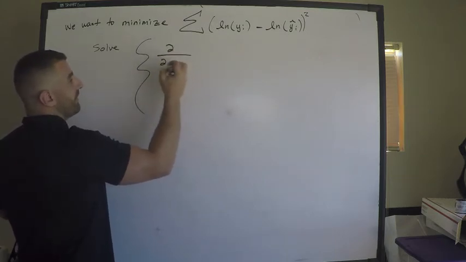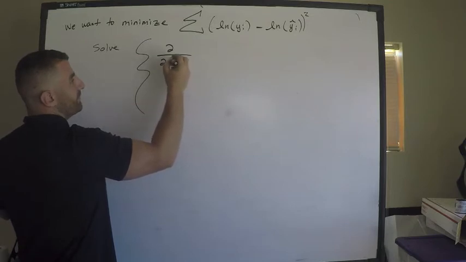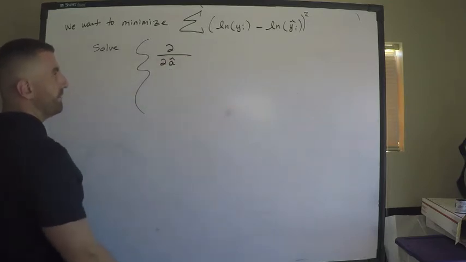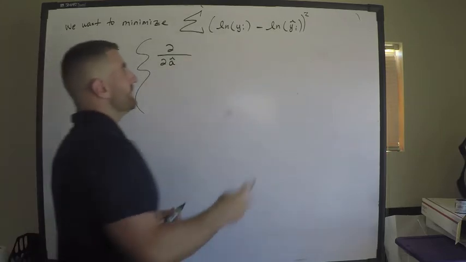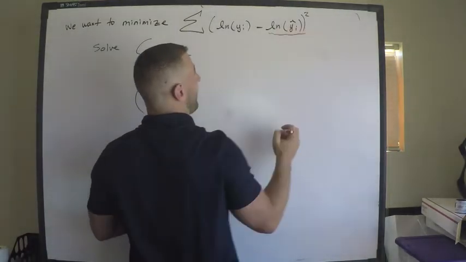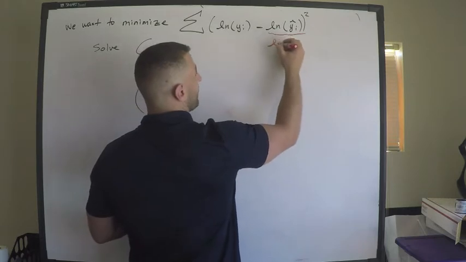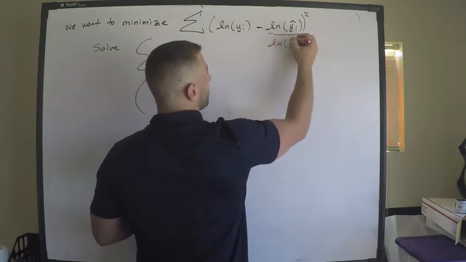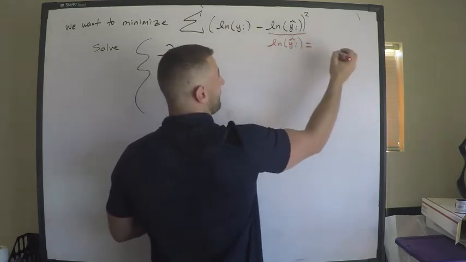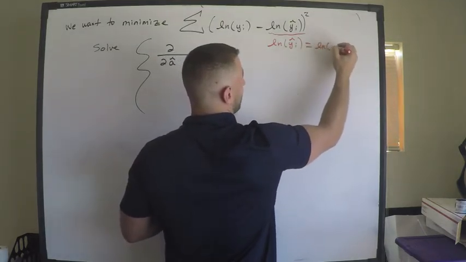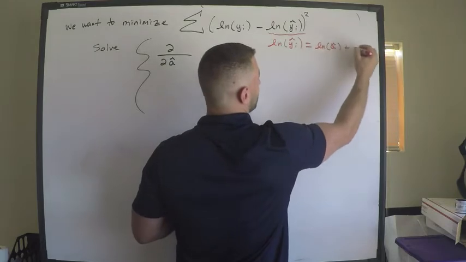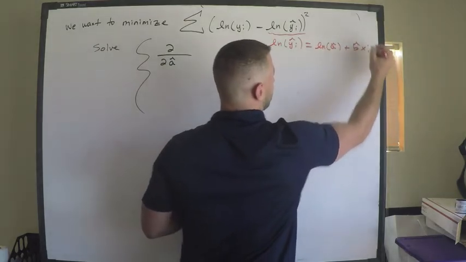I need to find solutions to the following equations. I need to take the partial derivative of this. If you recall, ln of yi hat is equal to ln of a hat plus b hat xi.